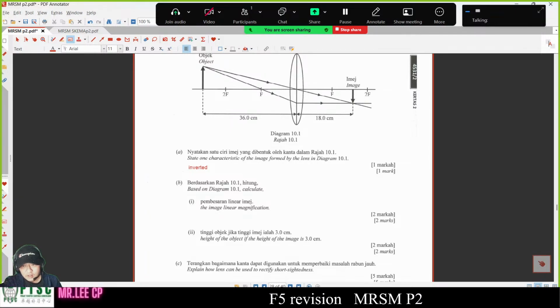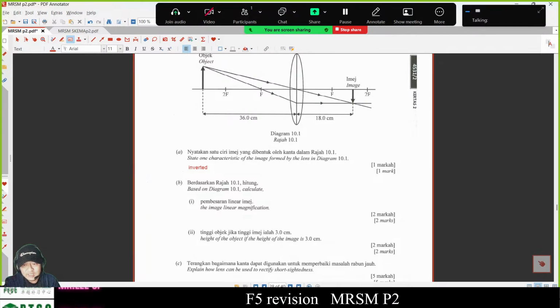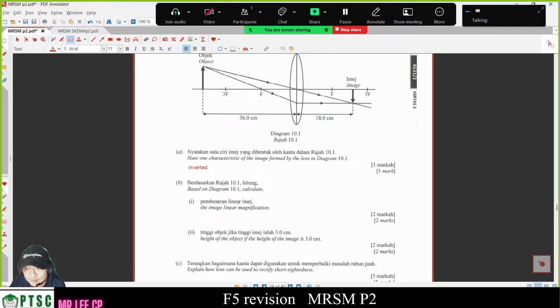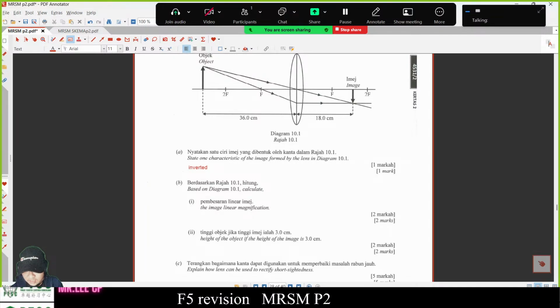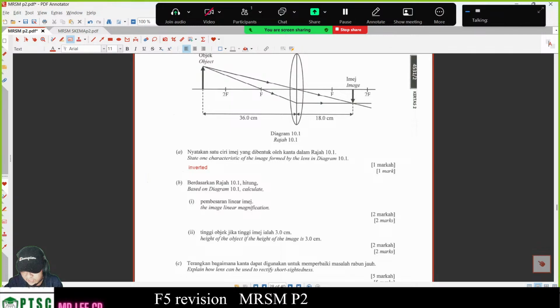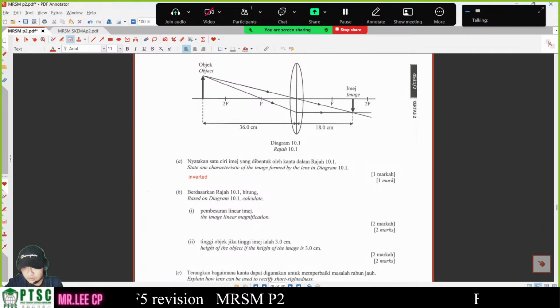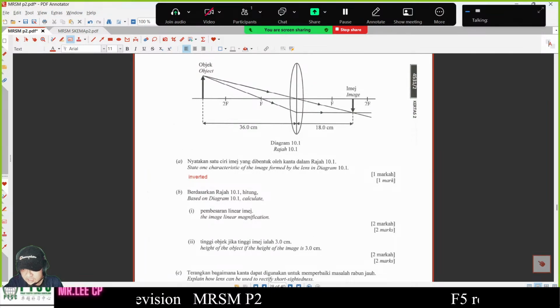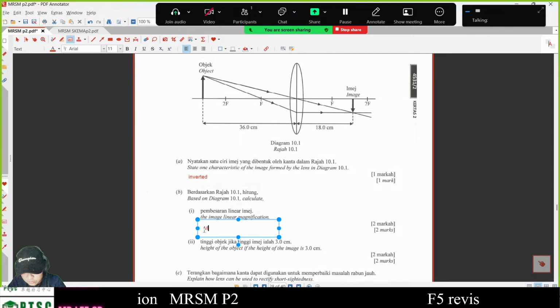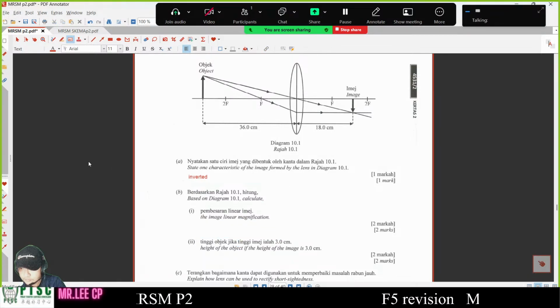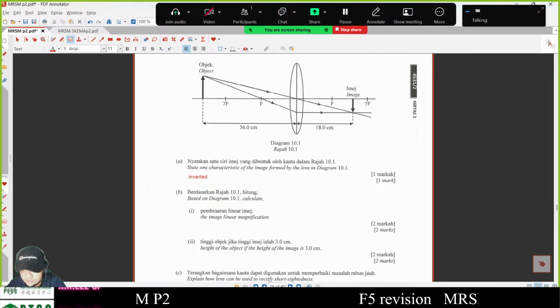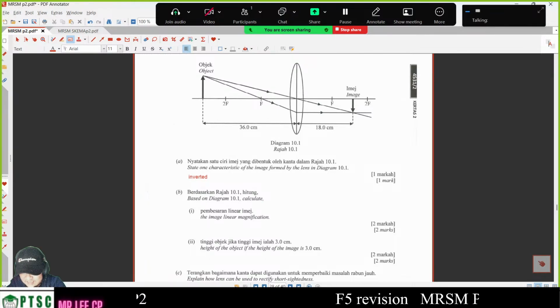So based on 10.1, calculate the image linear magnification. And then the second one, height of the object, if the height of the image is 3. Now the linear magnification M is 2 marks. Let me see. Now this one is 36, this one is 18.